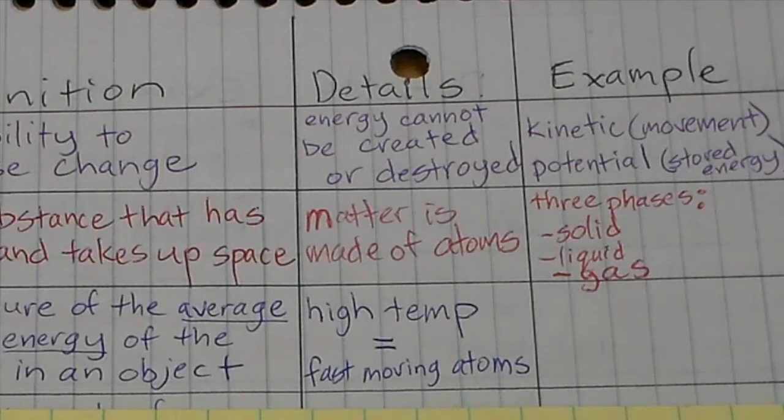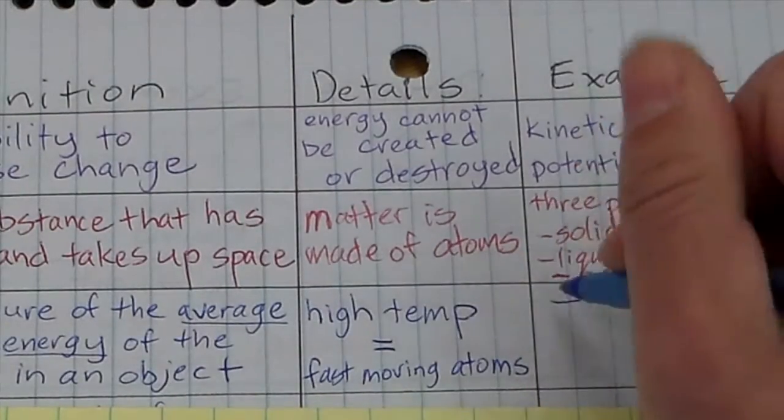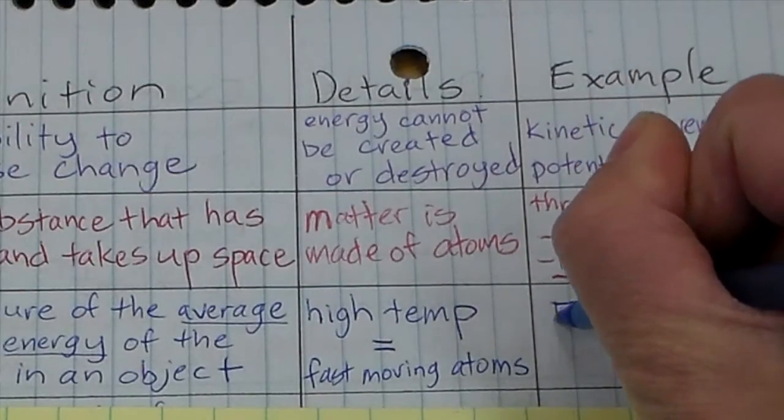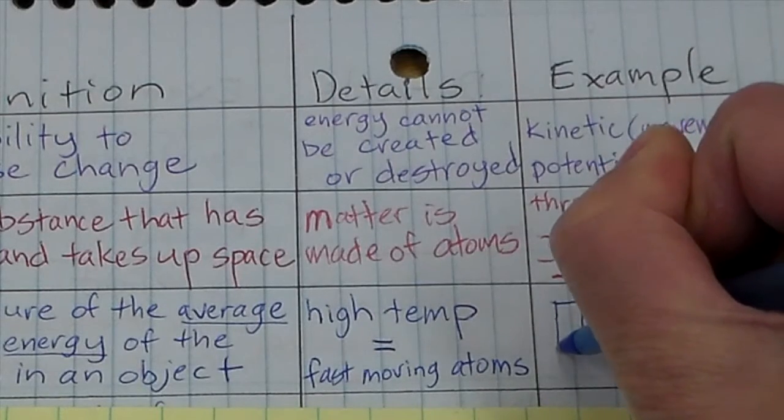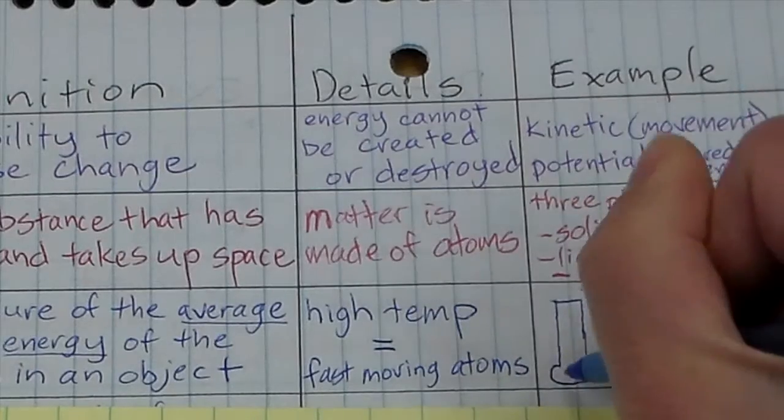So what I'm going to do here in the picture is draw the tool that we typically use to measure temperature, which is a thermometer, and I'm going to label what the thermometer is telling us, what temperature is telling us about atom speed. So I'm going to start by drawing my thermometer. Most of you know it's got this skinny shape, and then it's got this circular bulb shape at the bottom.